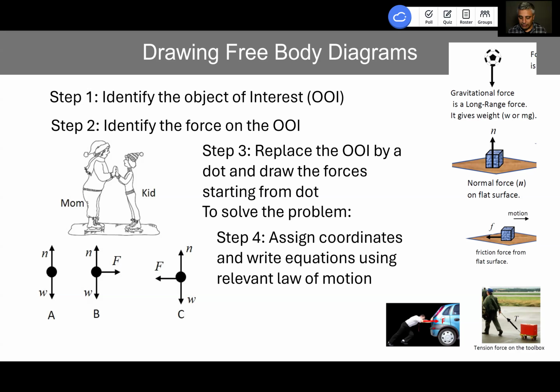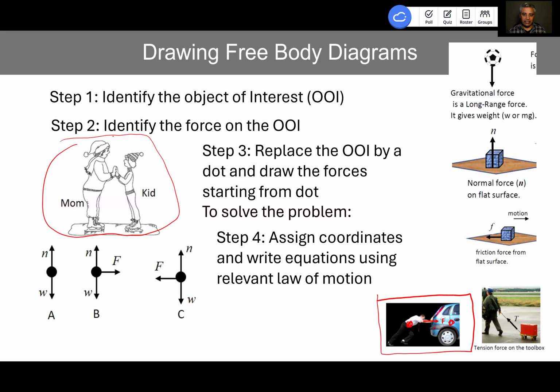Okay, so for example, in this case, you see near the bottom of the slide, this person is pushing this car using this applied force. If we want motion of this person, then the person is our object of interest. If we want motion of the car, then car is our object of interest. Similarly, you see here, mom and kid having fun, and they are at the beginning of their act.